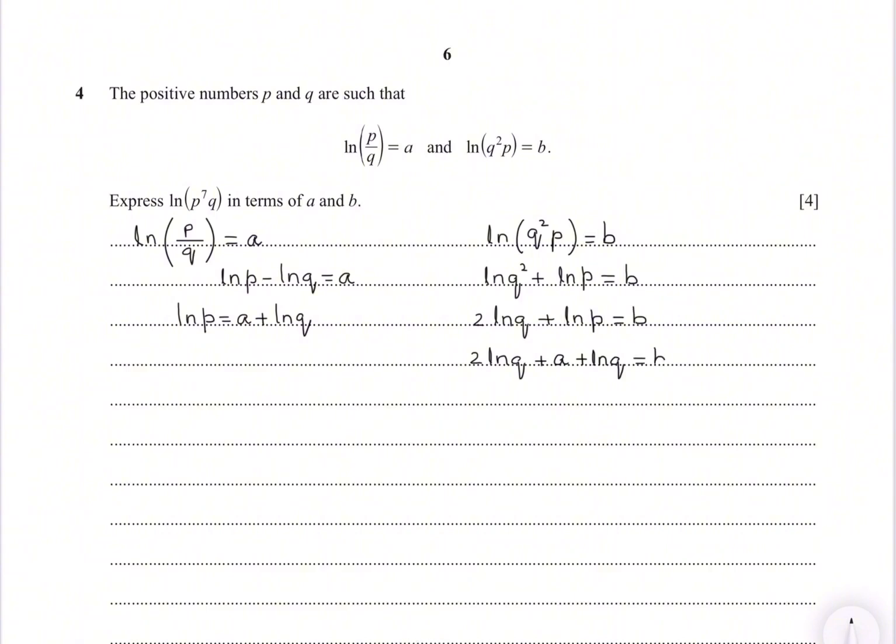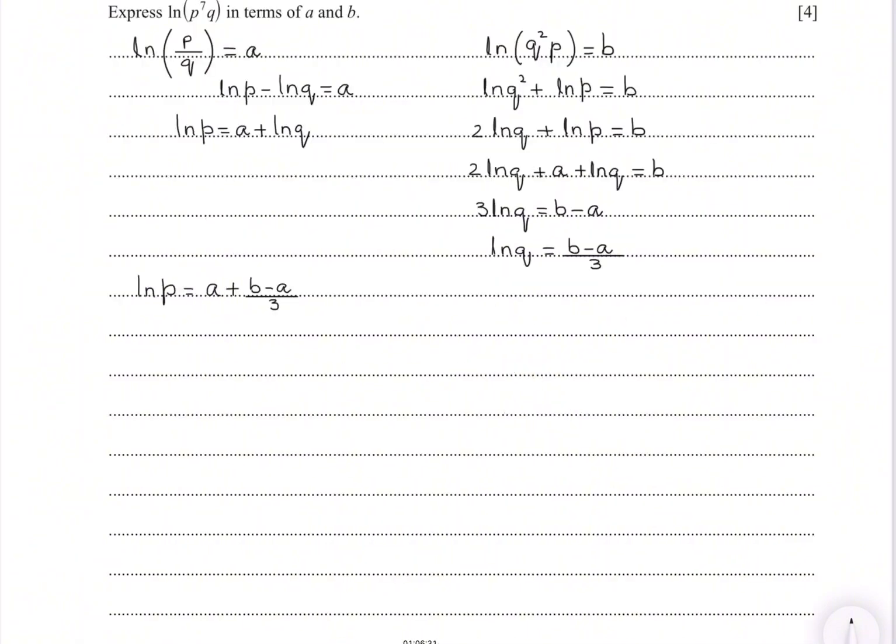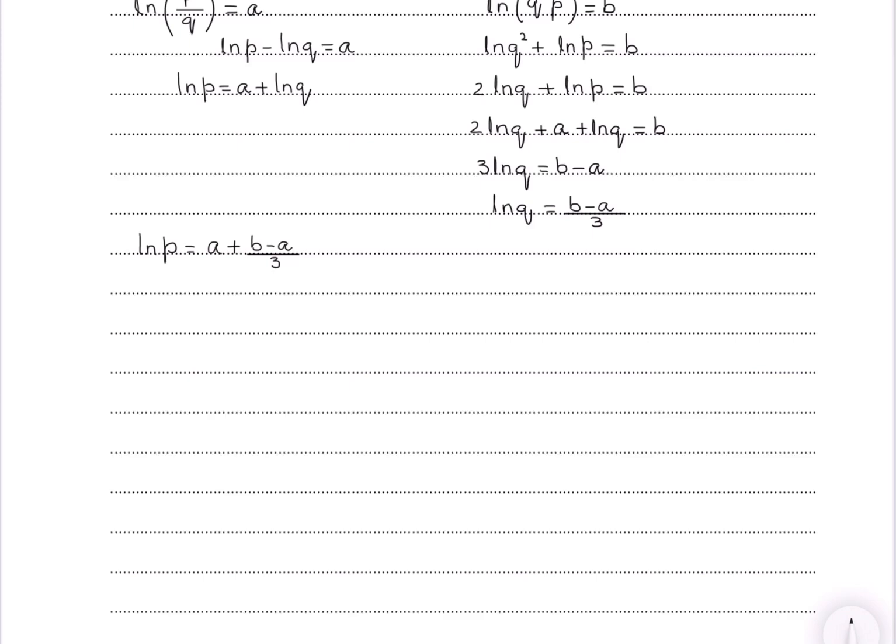I have placed the value of ln p, which was a plus ln q, here, and now simplify it, because it has become ln q now. So 3 ln q would be equal to b minus a. So ln q is b minus a over 3. So now write ln p is equal to a plus b minus a over 3. That is 3a plus b minus a over 3. So 2a plus b over 3.